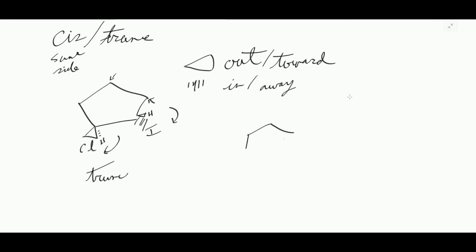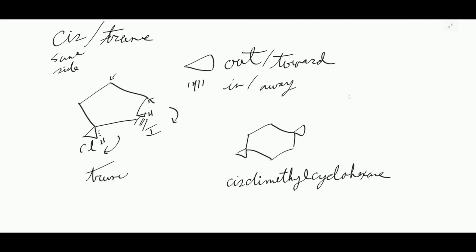Whereas this here, both coming out, this would be a cis dimethylcyclohexane. So that's telling you not about double bonds, but about the direction with respect to the ring.